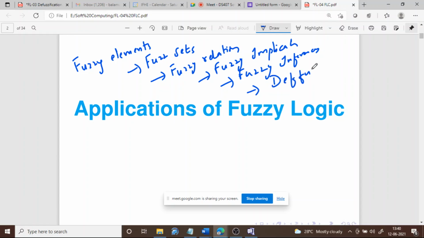These are the building blocks of a fuzzy system. All these things we have discussed, right? Now we will be moving on to the next topic, which is applications of fuzzy logic.